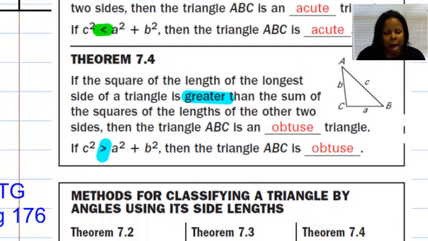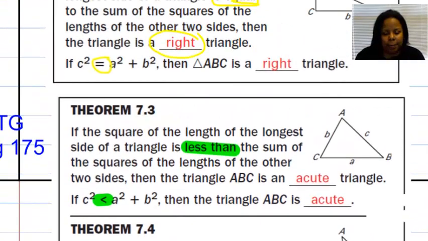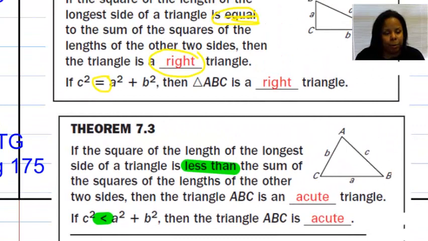Now at the bottom of the notes, there's another chart that basically summarizes the three theorems, but that's basically it. So we have a way of classifying a triangle not by its angles, without knowing a single measurement of the angle. If we know the lengths of all the sides of the triangle, we can determine what type of triangle it is by taking c squared and comparing it with a squared plus b squared. And that's it.